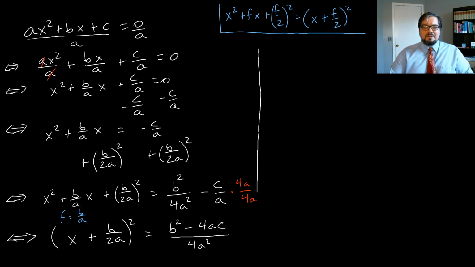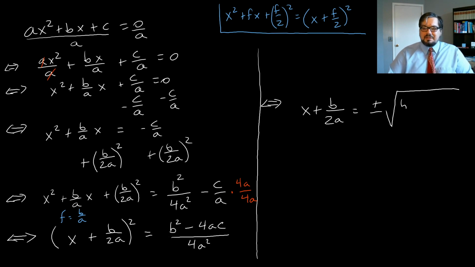So what we have now is that x plus b over 2a squared is equal to the expression on the right. Well, if some expression squared equals the expression on the right, we know what that means. This means that x plus b over 2a equals the square root of that thing, or the negative of the square root of that thing.